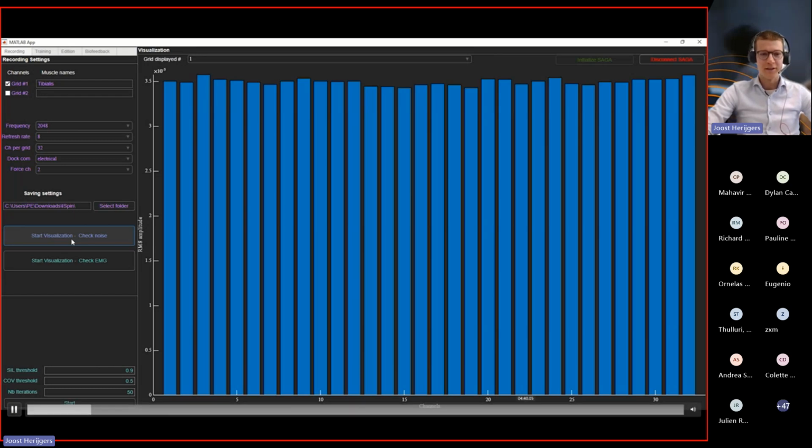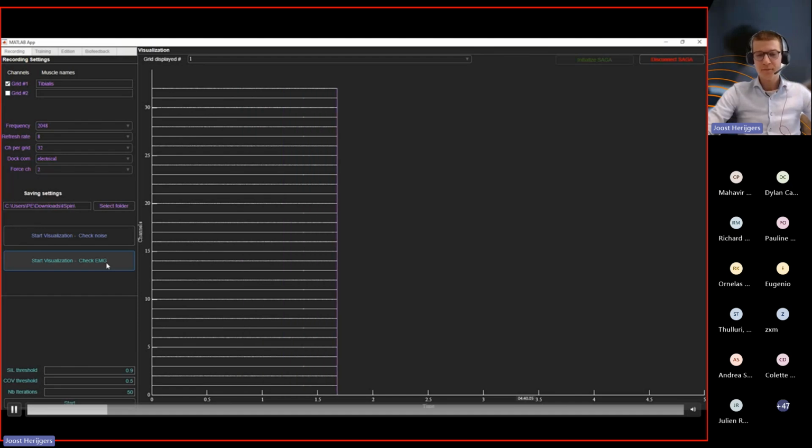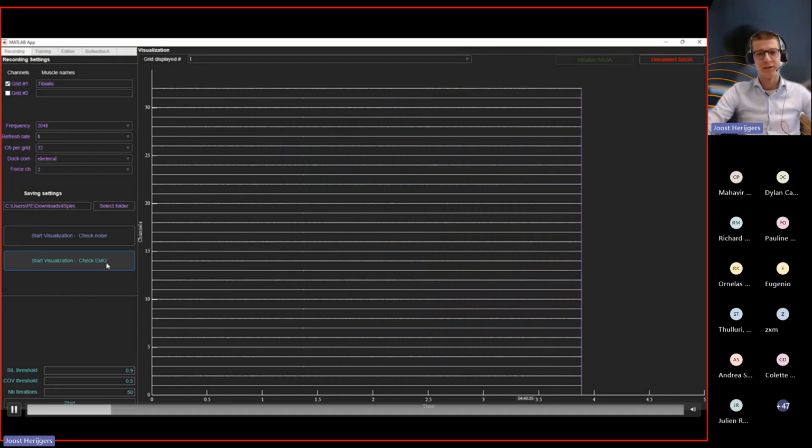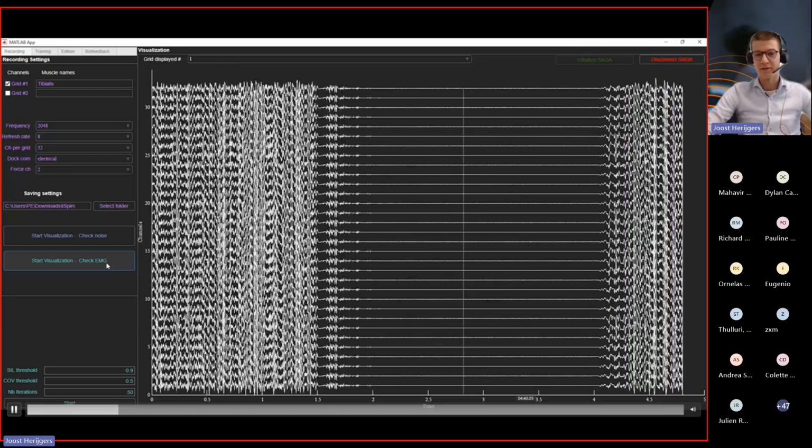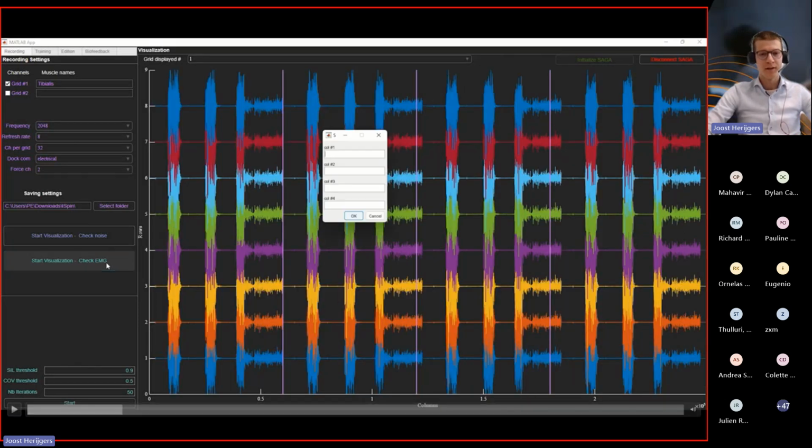This is done in the next step, because there's another visualization step in advance where the subject should also do some contractions, so you can see if there's any other undesired effect happening to the EMG signal. Of course, it's important that clean signals are used for the decomposition.